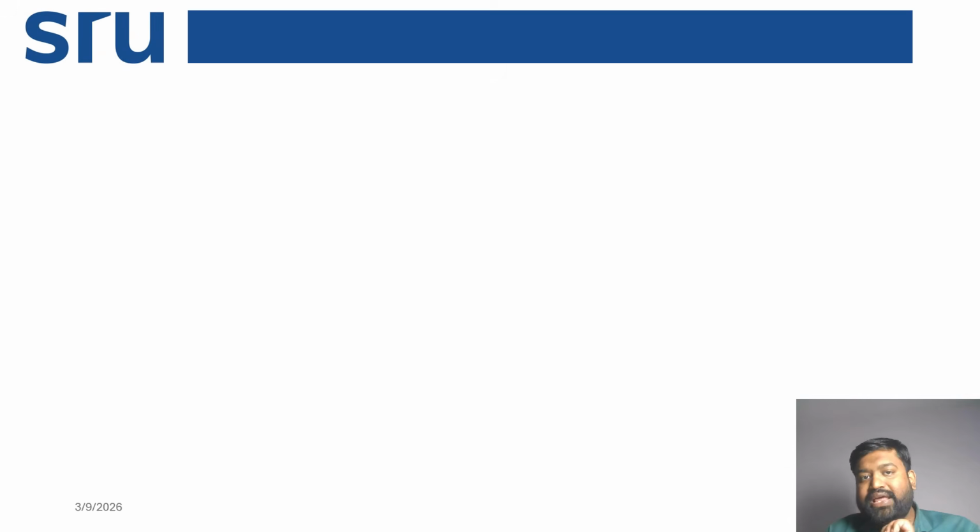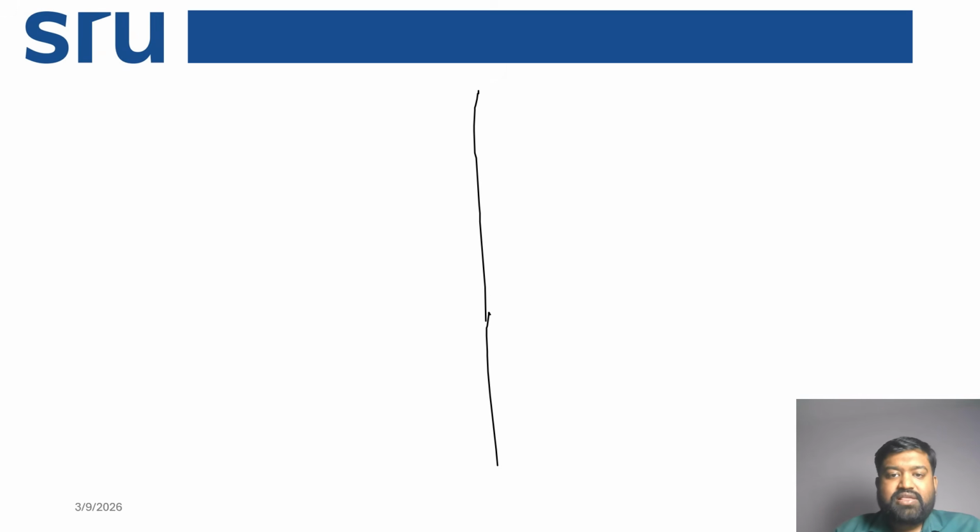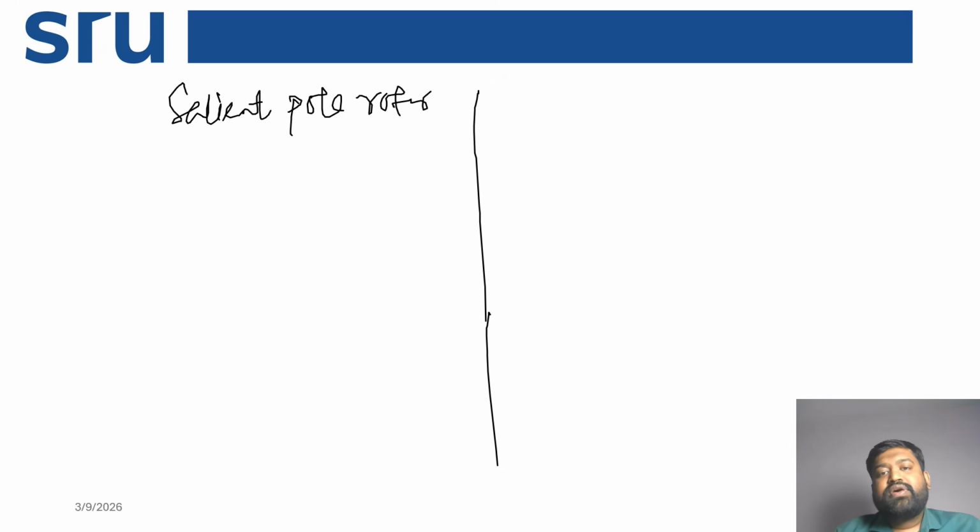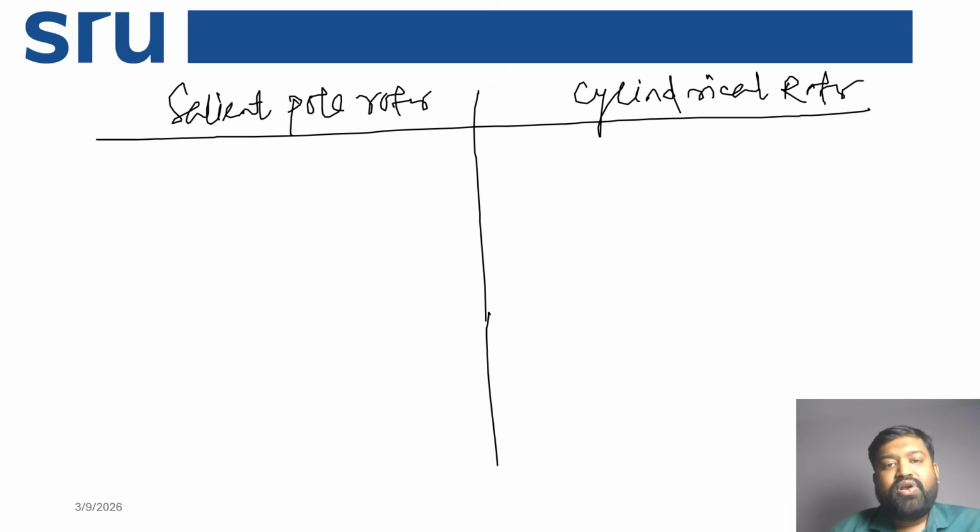Now if you broadly classify the difference between salient pole as well as cylindrical, give a heading for this one. This is very important, that is salient pole rotor, another one is your cylindrical rotor. Keep in mind. Then here you see, in case of salient pole as well as cylindrical rotor, the first point, what I can say, non-uniform air gap is there.